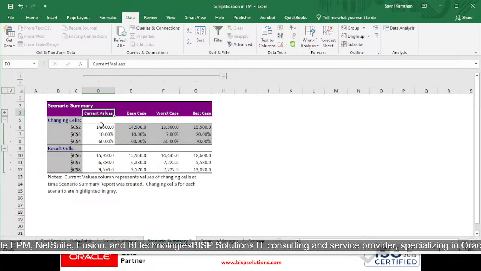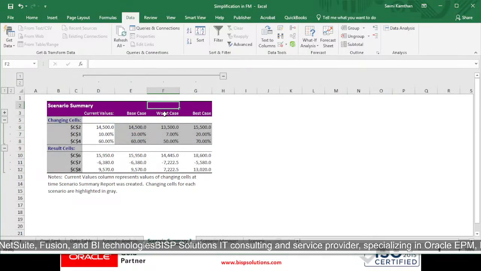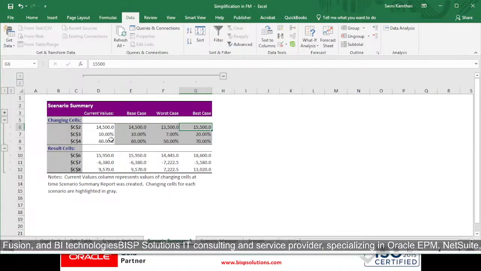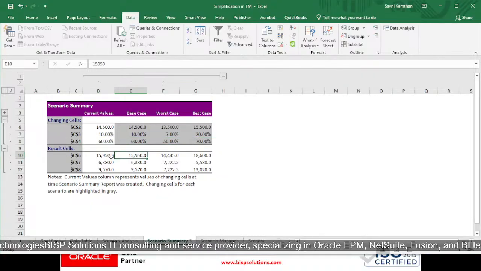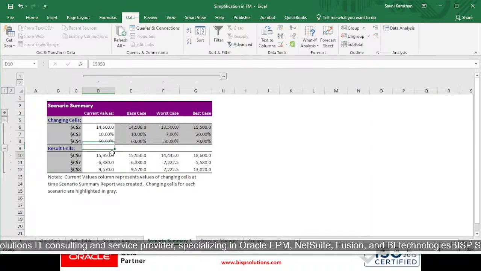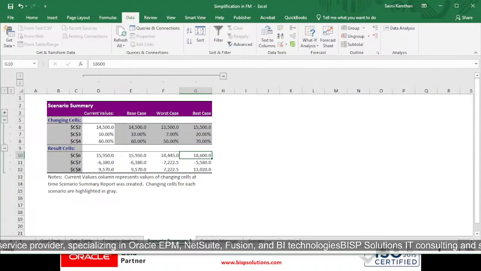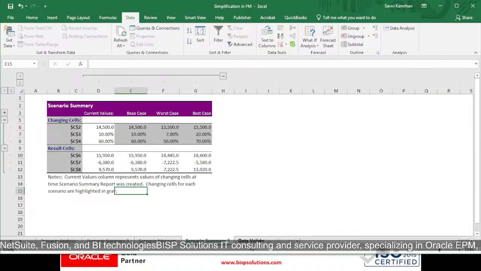It will show me the current value, base case, worst case and best case with different values, for example a current value of 14,500. Like that, it will create a scenario summary for us. So scenario summary summarizes the outcomes of all scenarios side by side.